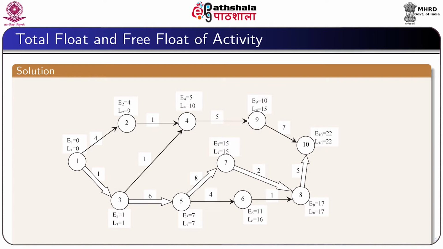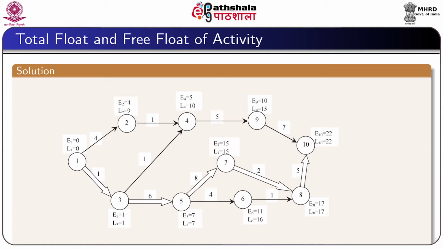Now, the diagram shown in the slide shows that the critical path is 1, 3, 5, 7, 8 and 10, and this critical path is obtained from the backward pass computation and forward pass computation.